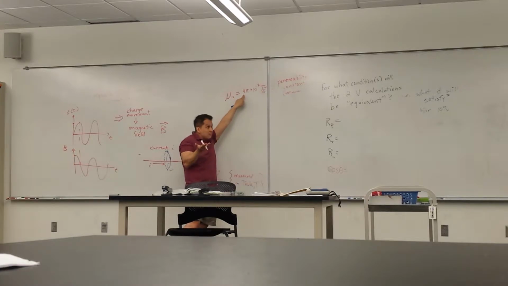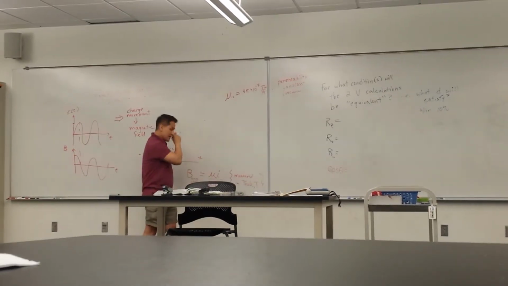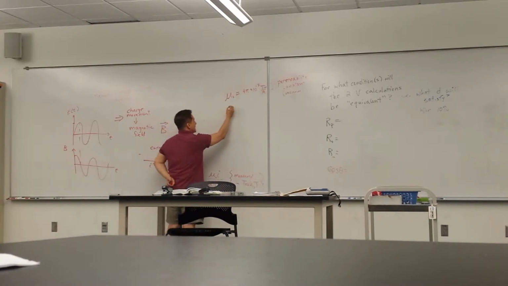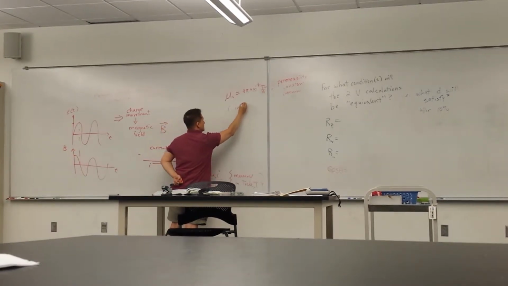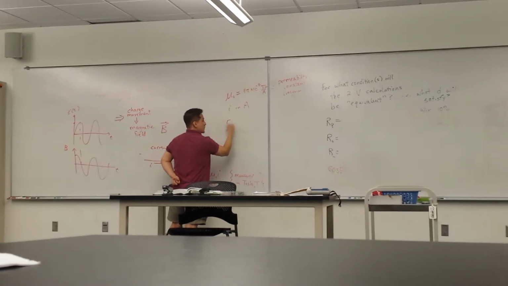It's basically 1.27 times 10 to the negative sixth as an actual number. But we express it in terms of units of pi because those units of pi oftentimes cancel out with certain configurations, with certain geometries. And of course, I is in amperes, and R is separation distance.